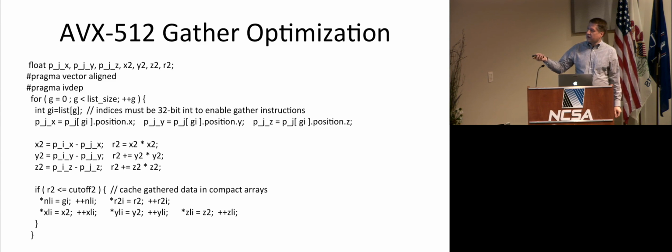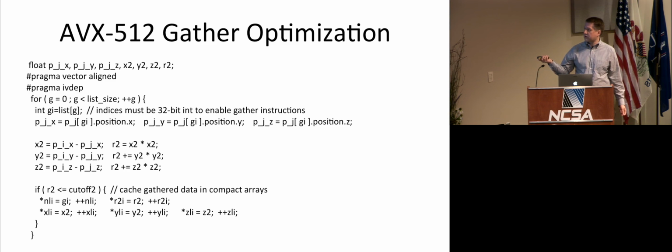So as long as the indices are ints, if they are 16-bit shorts, which we had done on the previous version because it saved memory, they have to be 32-bit. Then you can generate these gather instructions. And we're basically pulling elements out of an array of structures. So this is cache-friendly as opposed to a structure of arrays.